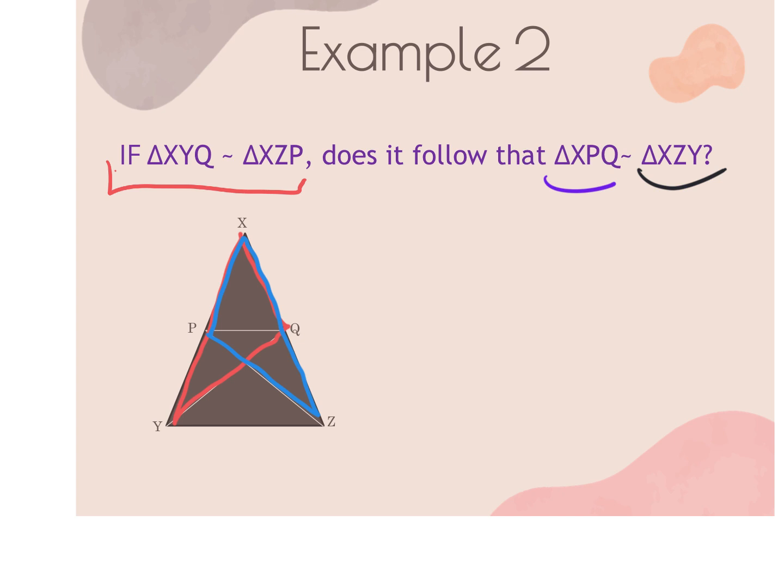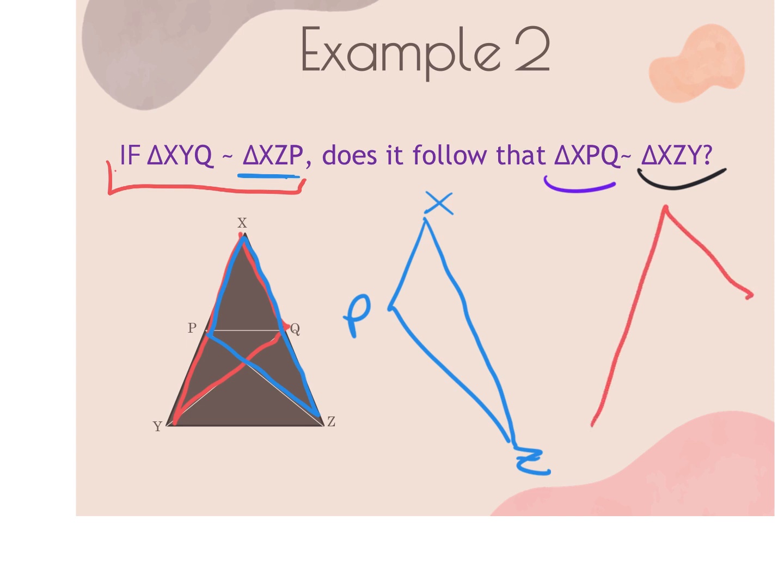So let me go ahead and pull these apart so we can maybe see it a little bit clearer. Let me go ahead and pull first the XZP. That one in blue. And then I'll do the red one.